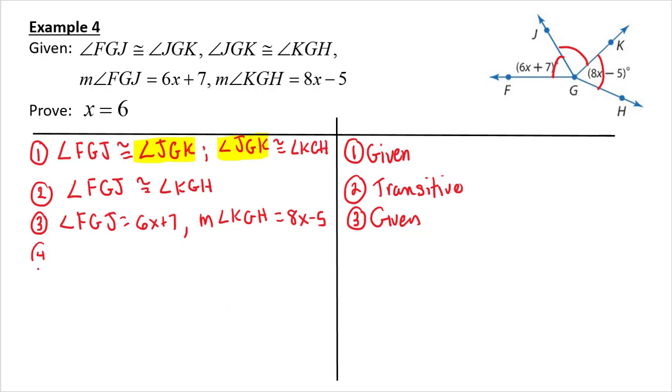Now what I think our book does is they say that these are now equal by definition of equality. I'm just going to use substitution. I'm going to substitute in the 6x plus 7 for the angle FGJ. So 6x plus 7. For KGH, I'm going to plug in 8x minus 5. Again, that was substitution.